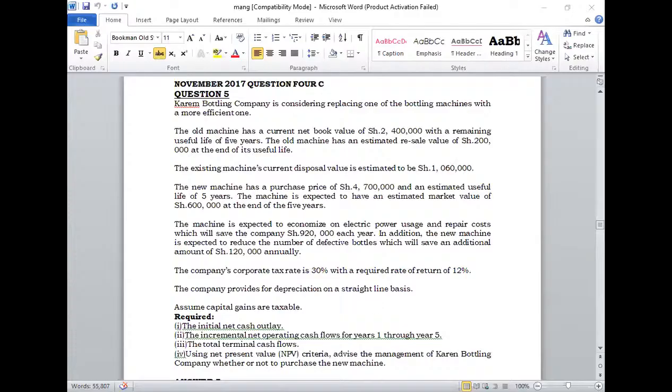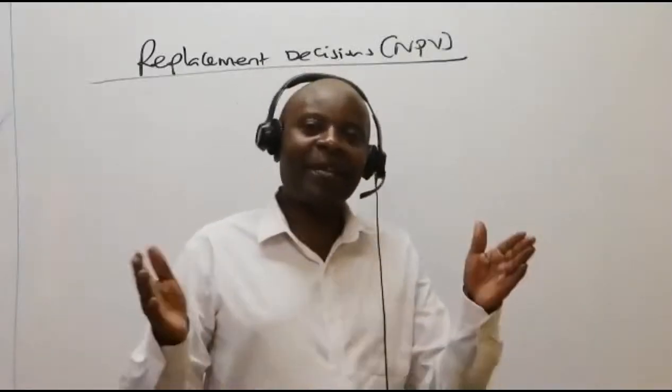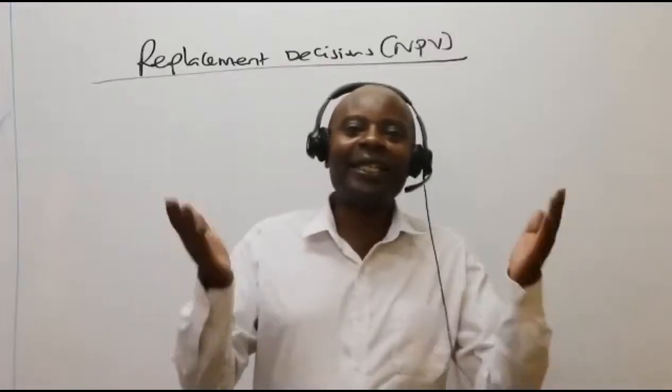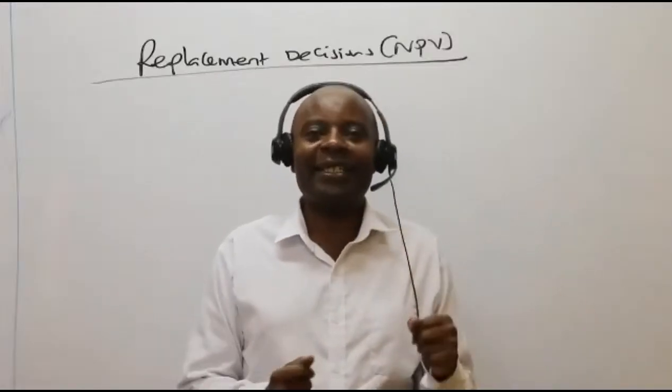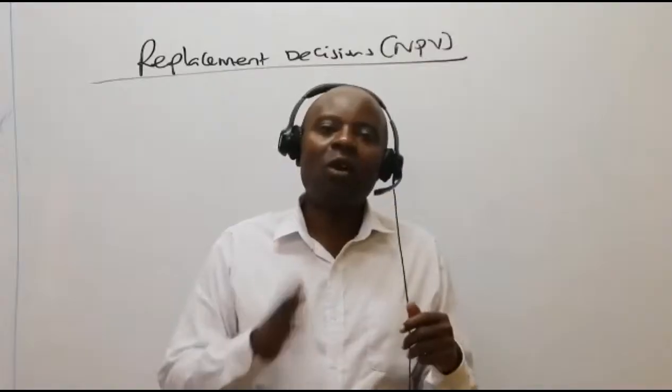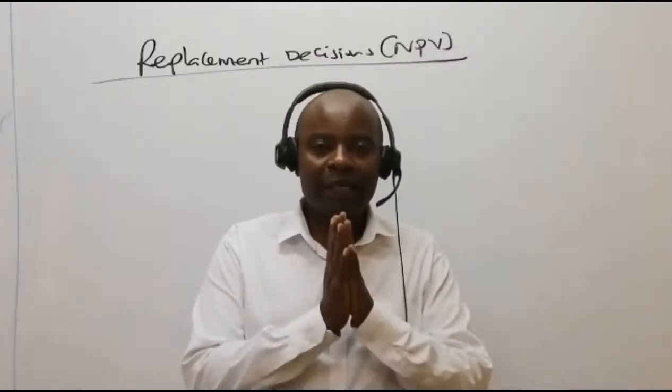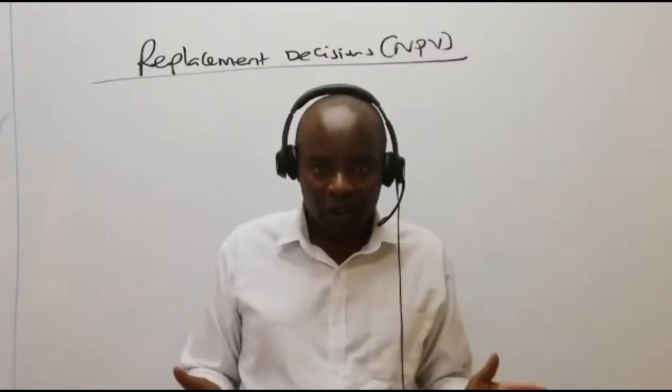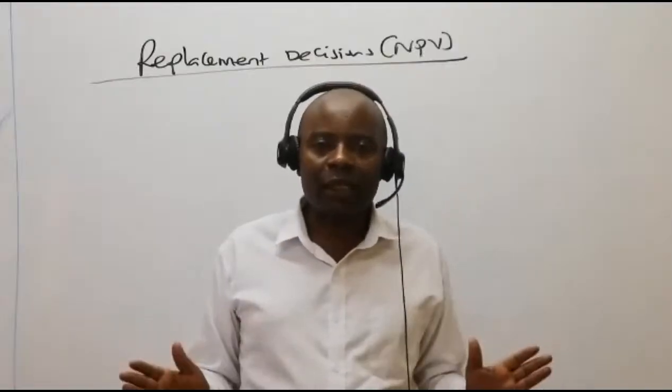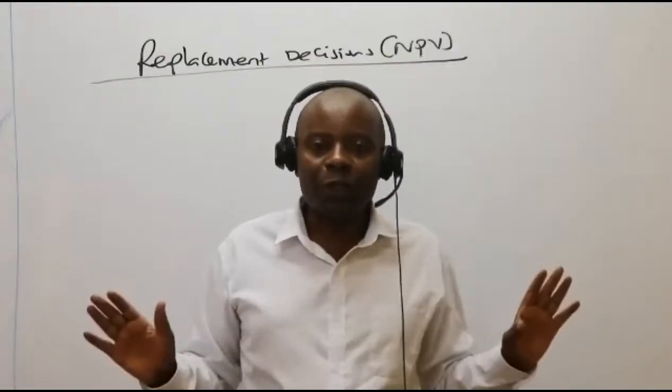Ladies and gentlemen, if it is a replacement question, those are the basic steps. In this case, once somebody tells you to sell your old machine, most certainly you are going to make a loss.